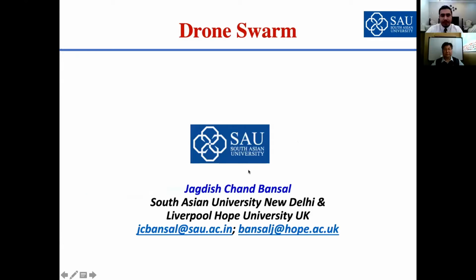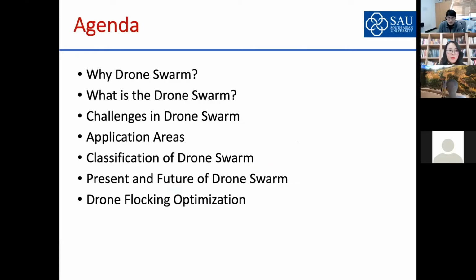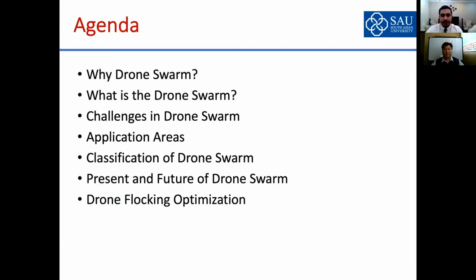In this talk, I'm going to cover why the drone swarm is actually required. What is the concept of the drone swarm? What are the challenges in making the drone swarm? Various application areas I'll discuss in short. What kind of drone swarms are available these days and what kind of drone swarms are actually expected? What is the present status and the future of the drone swarm?